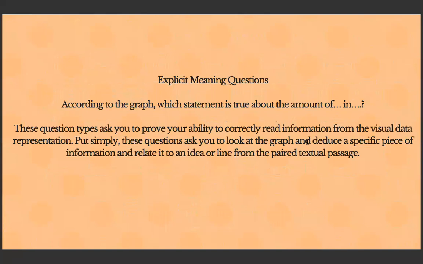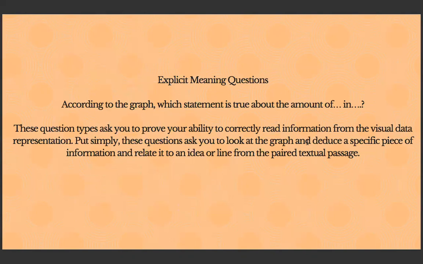The next type of question is called explicit meaning questions. According to the graph, which statement is true about the amount of in? These questions ask you to provide your ability to correctly read information from the visual data representation.